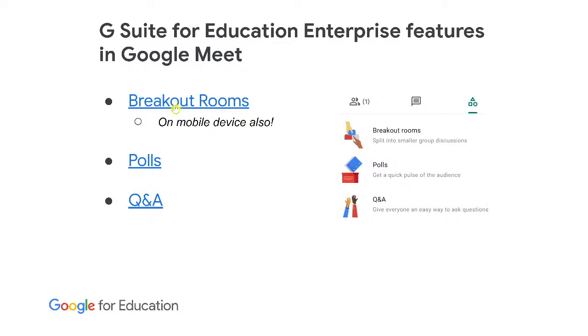I wanted to include some reference material on those three things if you're interested in exploring further and learning more about how you use breakout rooms, polls, or the Q&A if you do end up using a license. Your domain can also apply for a free trial where all teachers can get access to a 30-day free trial of the enterprise features. That's something your domain administrator can do. And there was a question this morning about, can we send our students into breakout rooms on a mobile device?